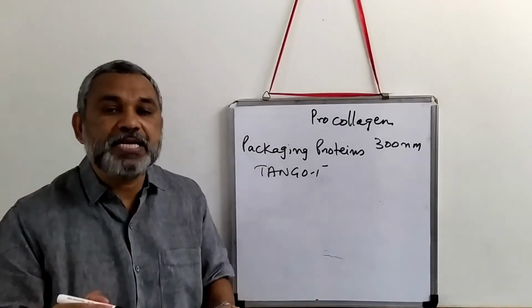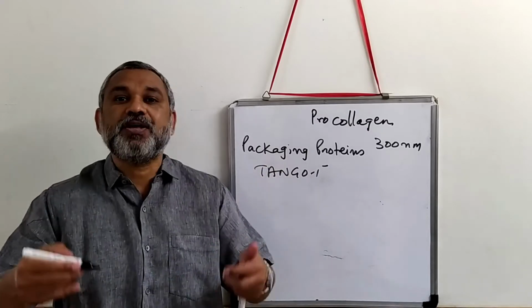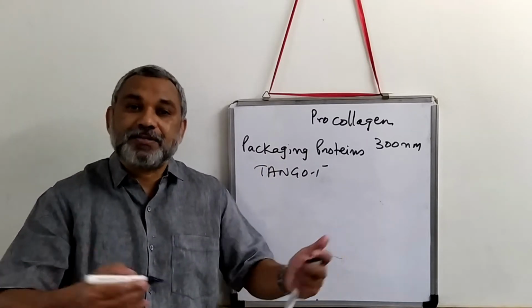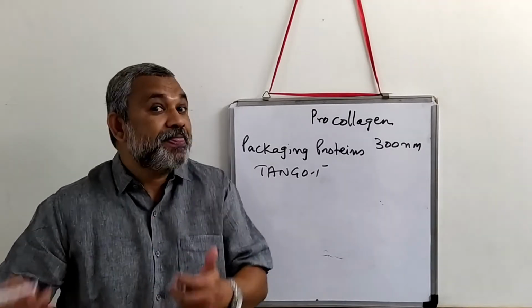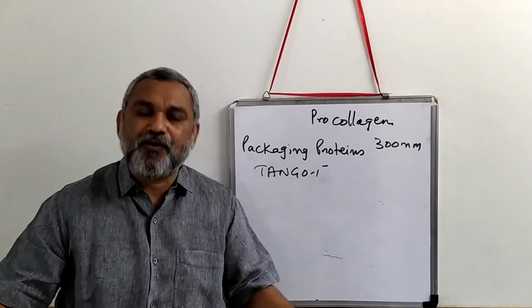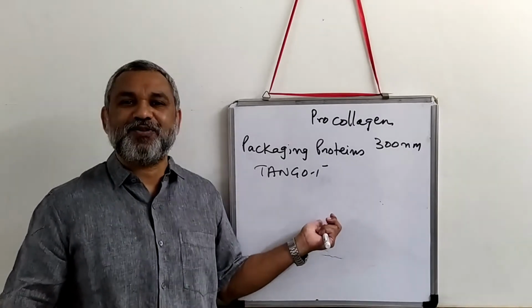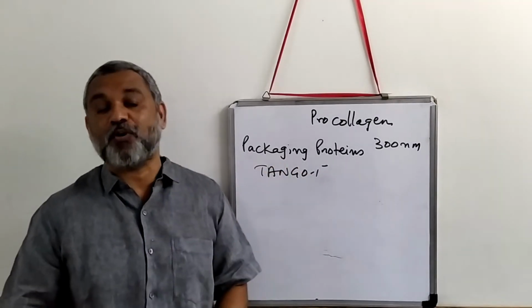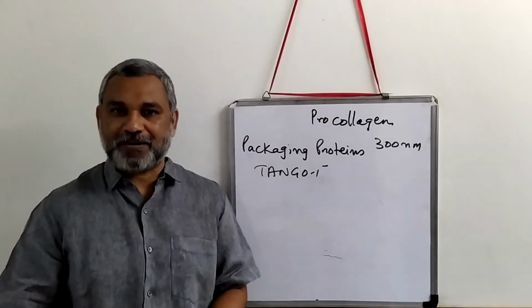So the chondrocyte formation is affected, mineralization of the bone is affected, because there is no Tango present, no transportation occurs, and that results in a deformity. That is how they discovered the role of a packaging protein in order to transport molecules like procollagen.